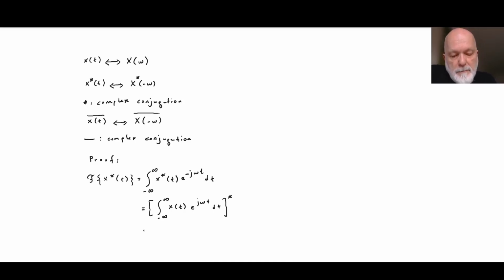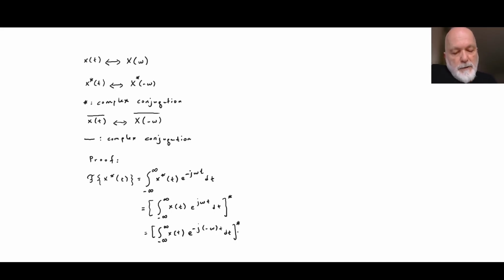And we can furthermore write this as the integral from minus infinity to plus infinity of x of t e to the minus j minus omega t, integrated with respect to t, complex conjugate.